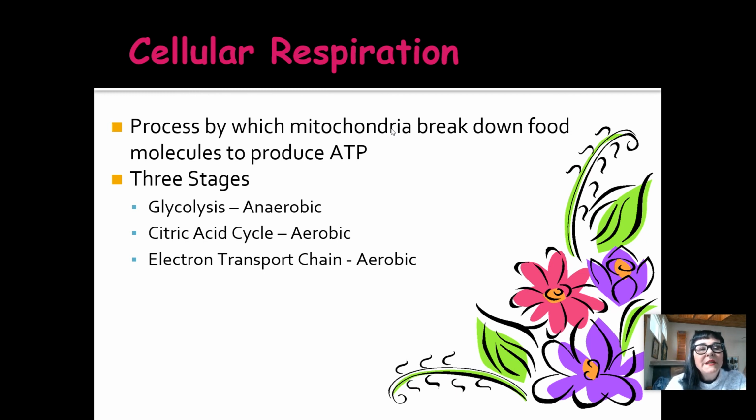So there are three stages. Glycolysis. It's anaerobic, it takes place in the cytoplasm, and it produces 2 ATP. The citric acid cycle is aerobic, and it takes place in the mitochondria, in the liquid portion of the mitochondria, which is the matrix.